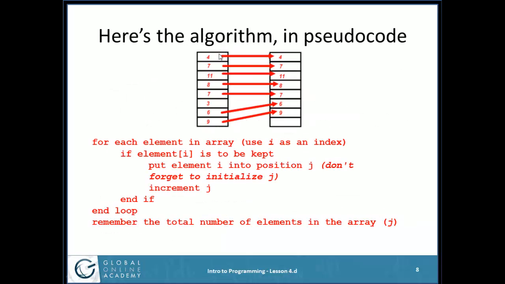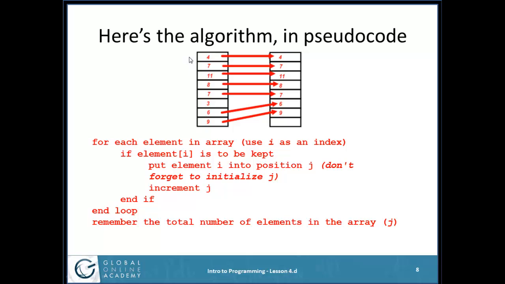So here's that same example, 4, 7, 11, 8, 7. I don't want to keep the 3, a 6, and a 9. So here's the algorithm written in pseudocode, meaning not specific Java syntax, but I could implement this in Java if I wanted. For each element in the array, and I'll use i as an index here, if element i is to be kept, put element i into position j.